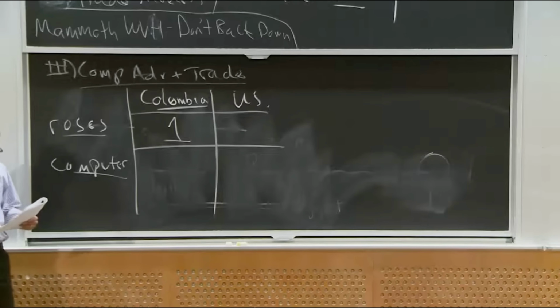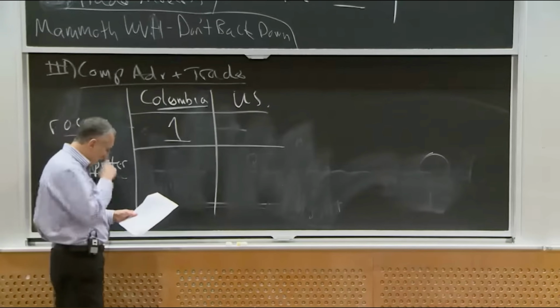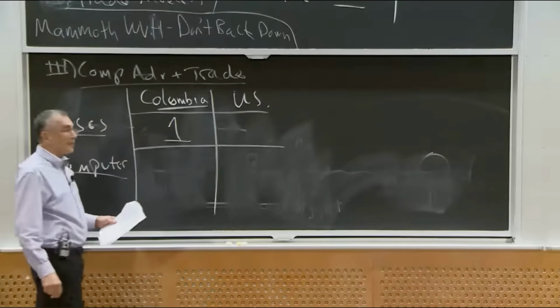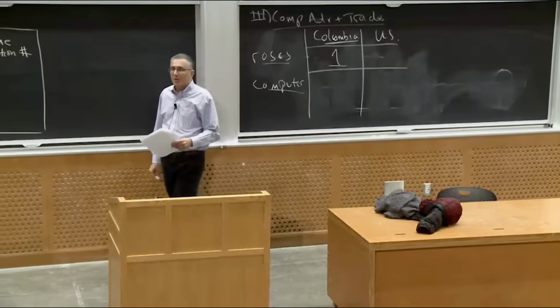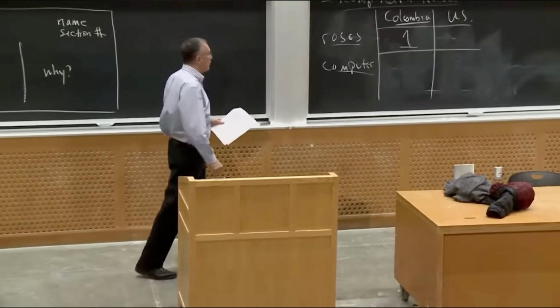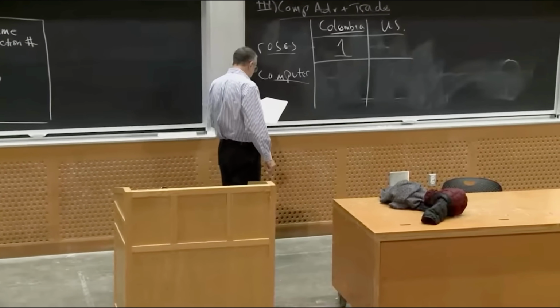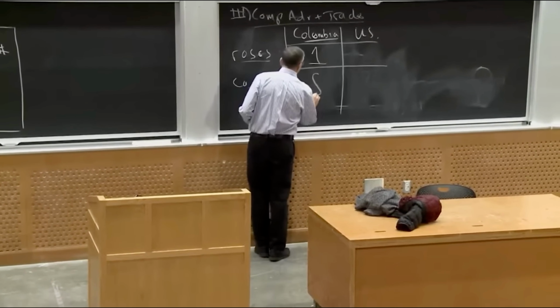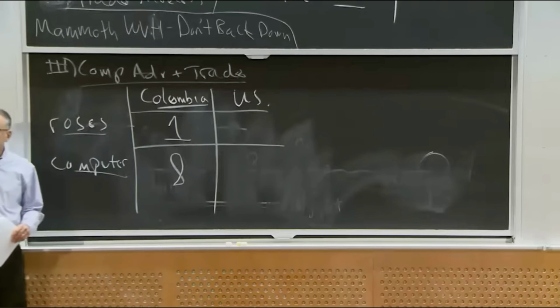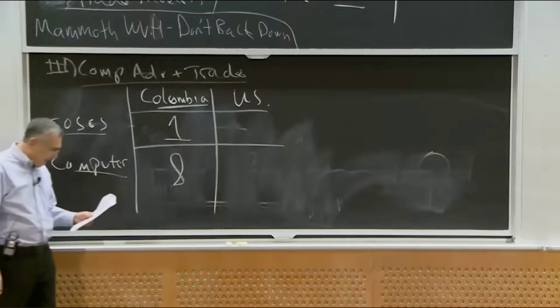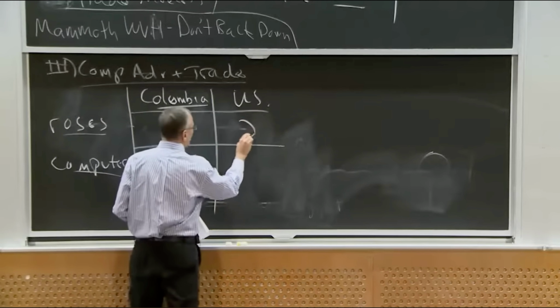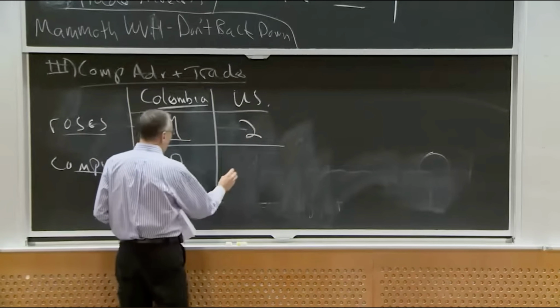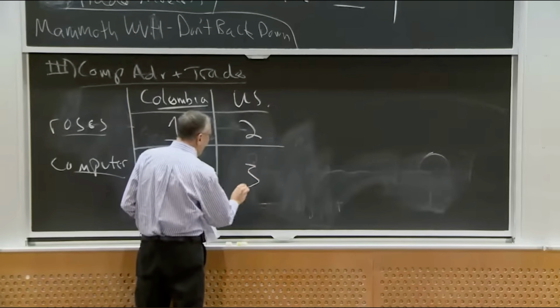Takes 1 hour of labor. These are hours of labor. So 1 carton of roses in Colombia takes 1 hour of labor. To produce 1 computer takes 8 hours of labor. In the US, to produce 1 carton of roses takes 2 hours of labor, and to produce 1 computer takes 3 hours of labor.